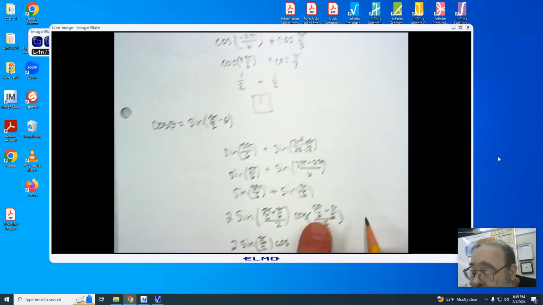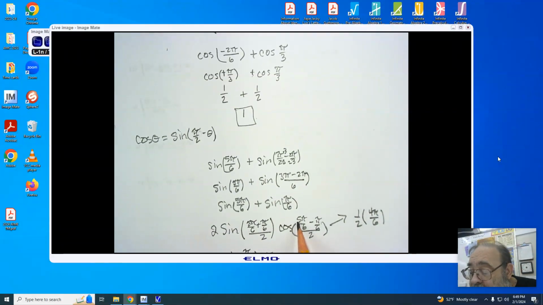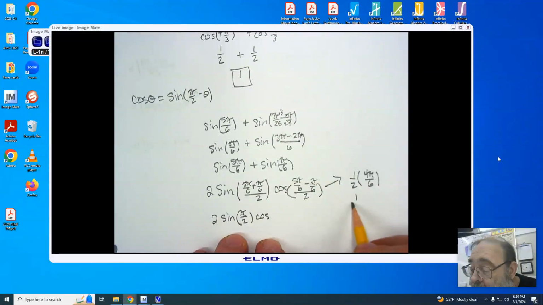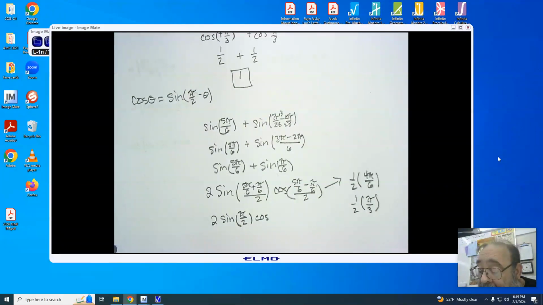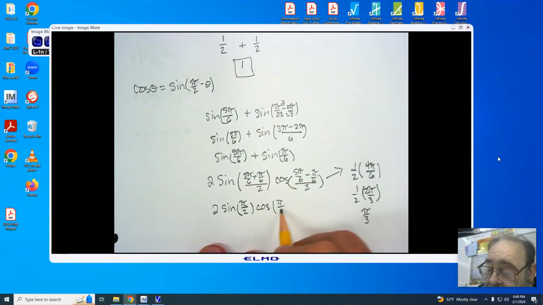Now you'll notice when we do this, once again, it might be easier to think about it as 1/2 times 4 pi over 6. Notice that's the 5 pi over 6 minus 1 pi over 6. This will give me 1/2 times 2 pi over 3, and I end up getting pi over 3 when I simplify it. So I have the cosine of pi over 3.